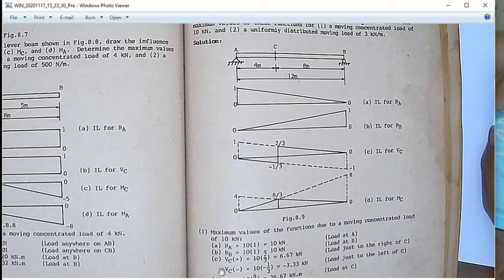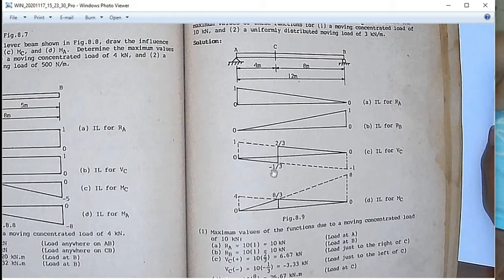Now, maglagay tayo ng 10 kilonewton sa shear at C. So, yung shear at C, you simply multiply that by 2/3. So, 10 times 2/3 will give you 6.67, and that is shear at C positive, okay?